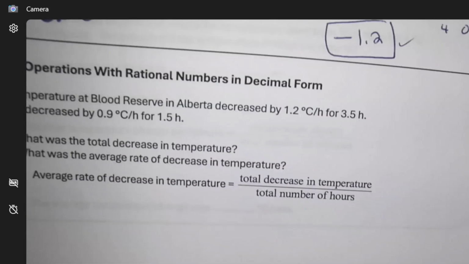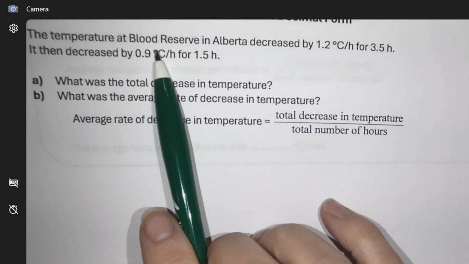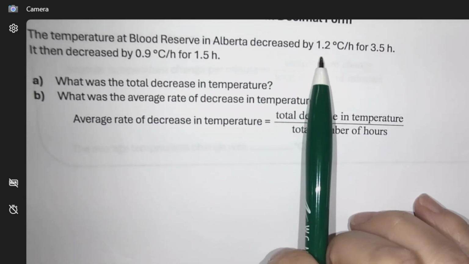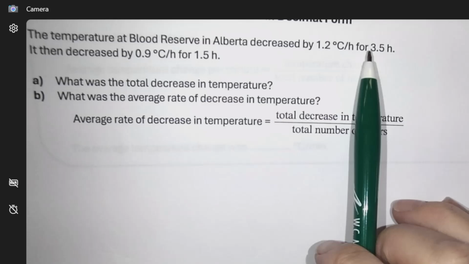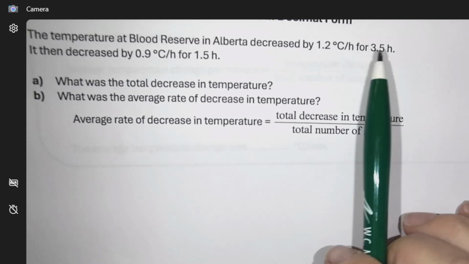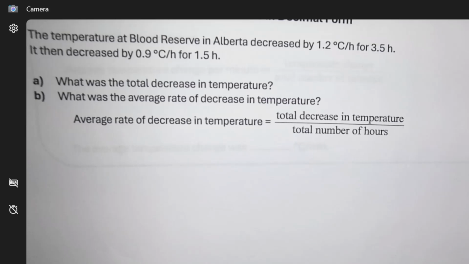Okay, so here's a word problem. The temperature at Blood Reserve in Alberta decreased 1.2 degrees Celsius per hour for 3.5 hours, and then it decreased this much for 1.5 hours. So how much did it decrease altogether?